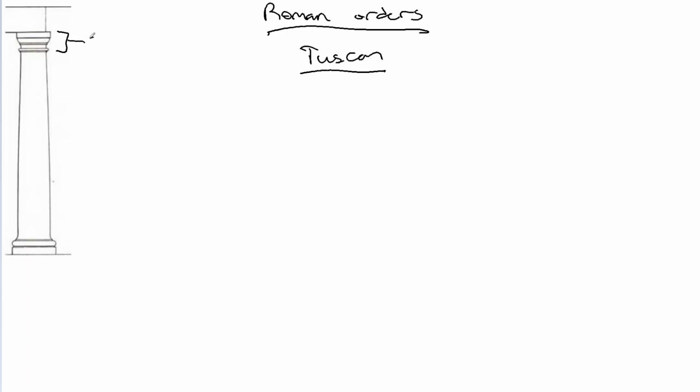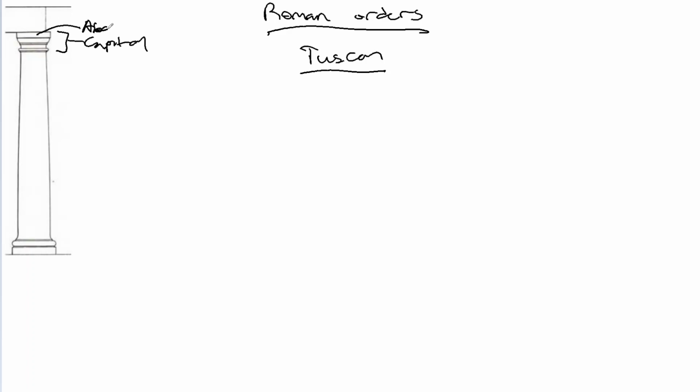Alright, moving on. This is called the Tuscan order, and this is the beginning of the Roman orders. Here, we can see it's very simple. In fact, this is the simplest of all 5 orders, Greek and Roman. You can see this capital is basically nothing, very simple.